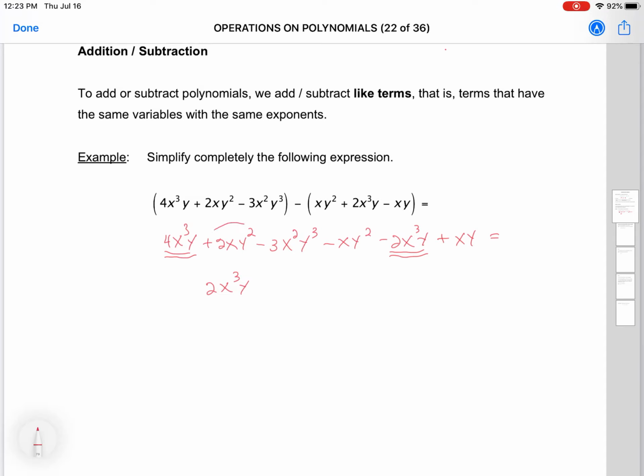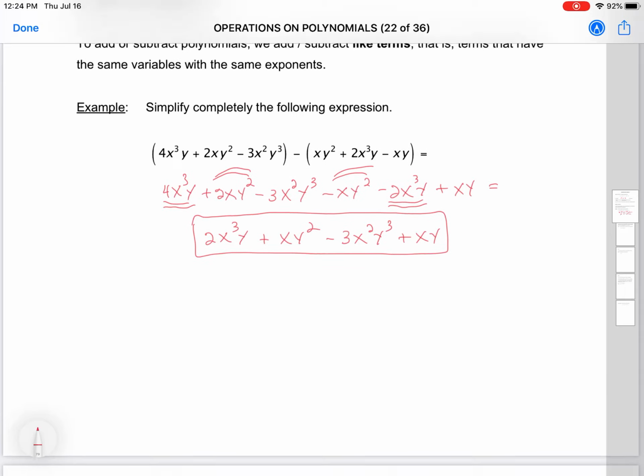What else do we have in terms of like terms? Well, we have some xy squared and xy squared. So 2 minus 1 is just 1xy squared. The other terms are not similar, so we will simply rewrite them, and that will constitute our final answer.